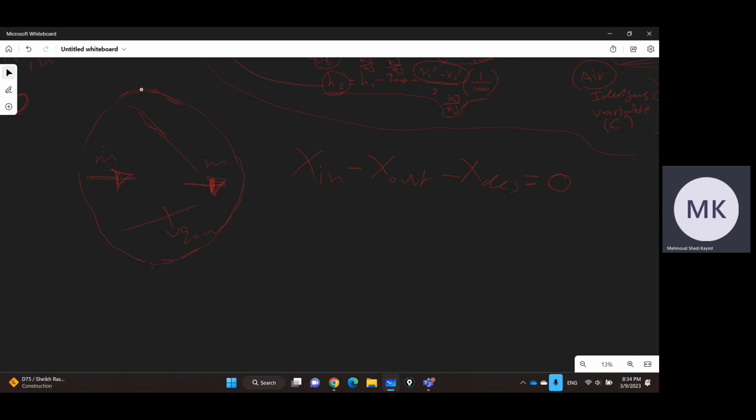But here for illustration, we just draw it a little bit further. That doesn't mean that this mass flow rate is not crossing this boundary. So we will assume the properties here are the same as the properties of the mass crossing here for the air, because the properties of the air, of course, are different from the surroundings.